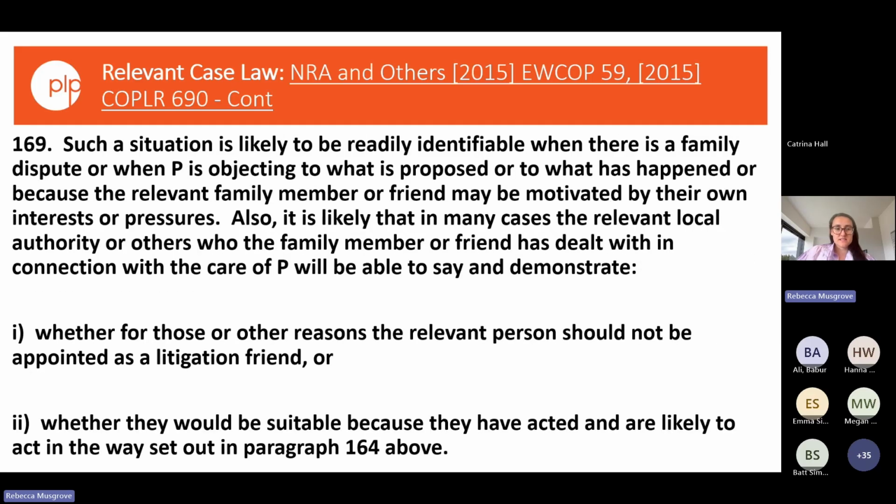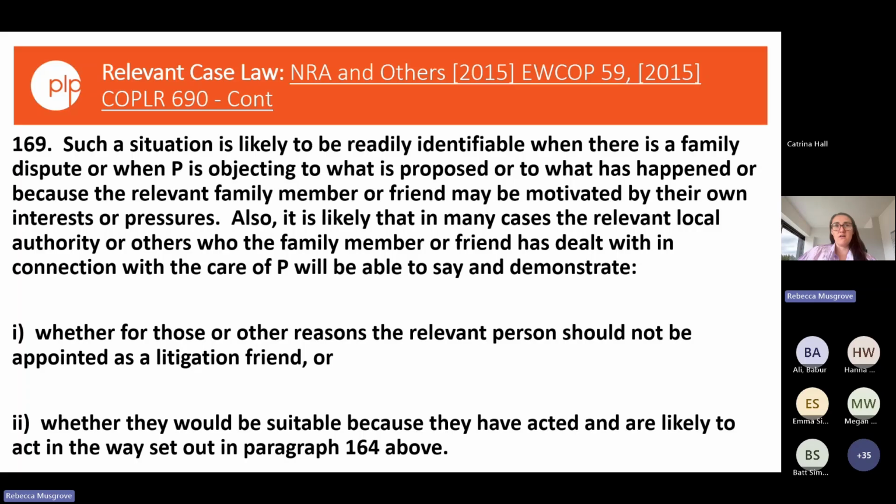In some ways, it's perhaps easier to say when it wouldn't be appropriate, when their interests collide or things like that. So, for example, you might have a situation where P's family members are also deputies for property and affairs, and in particular, where they're making decisions around the finances, but they're also people who have an interest in the finances.